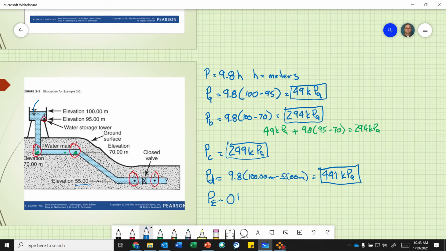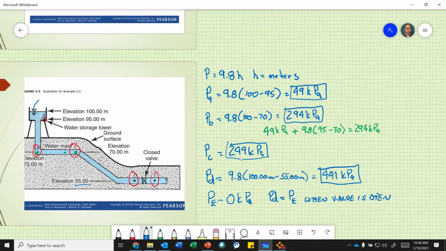As soon as that valve completely opens, because it's at the same elevation as point D, and it's a continuum medium, with no interruptions in it, it's going to be the same as point D. Pressure at D equals pressure at E when the valve is open. Okay.